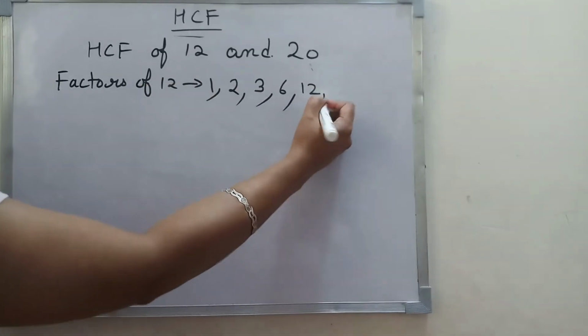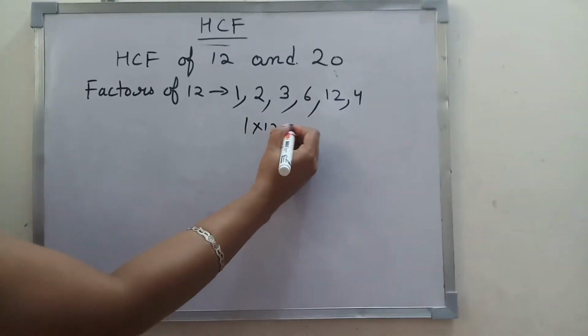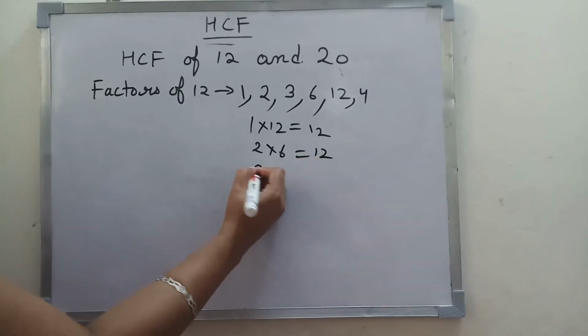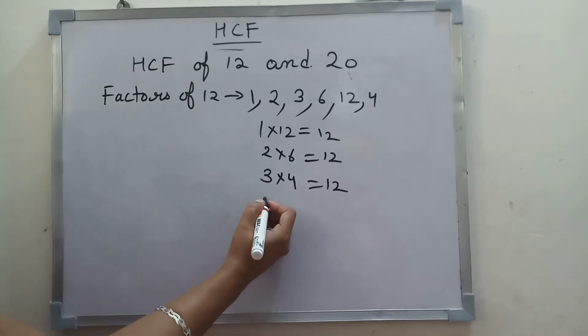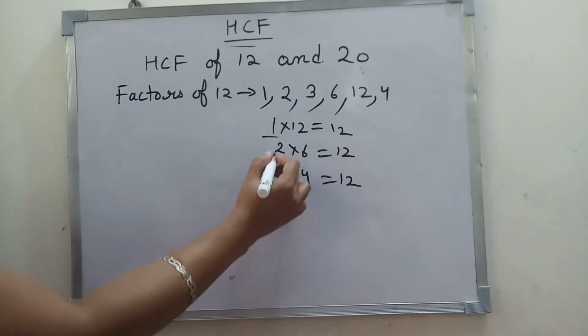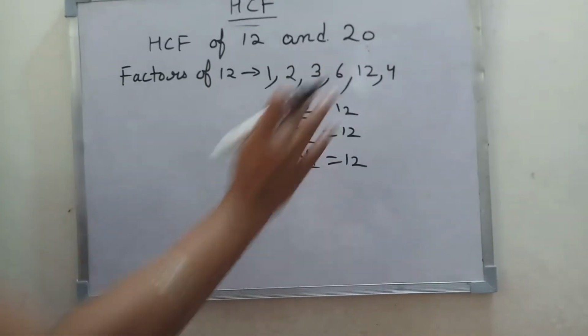And one more is there, that is 4, because 4 3s are 12. So these are all the factors of 12: 1, 2, 3, 4, 6 and 12.